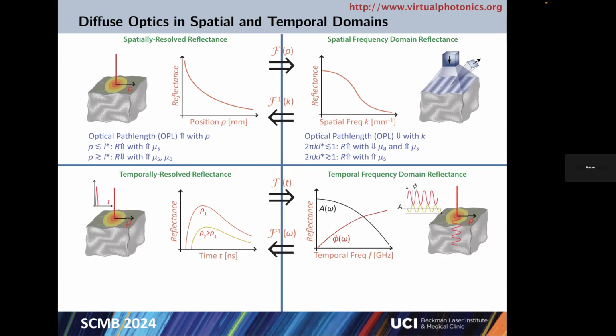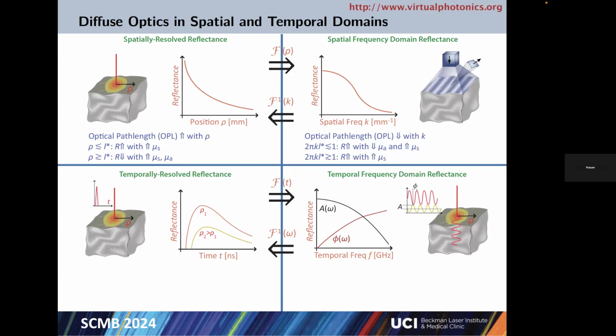So in the same way, you see increases in your spatially modulated reflectance when you increase scattering, when you're making measurements at large spatial frequencies.